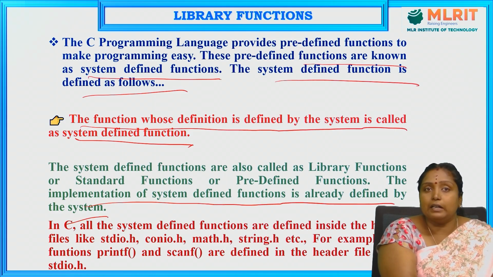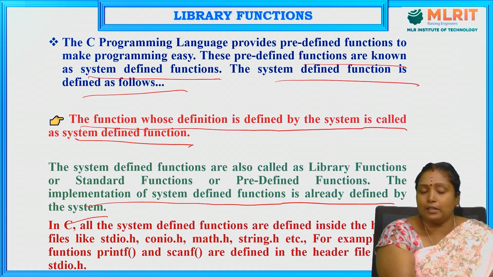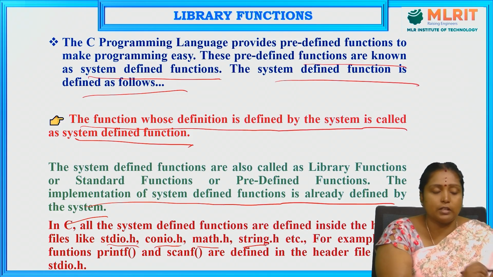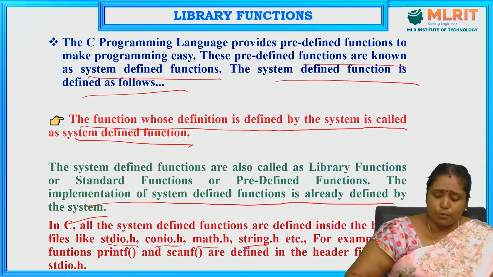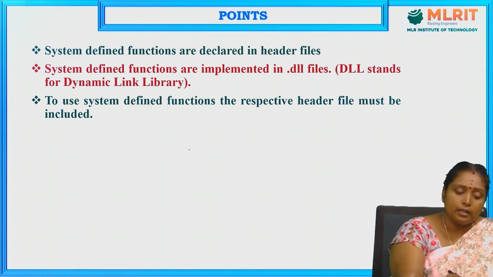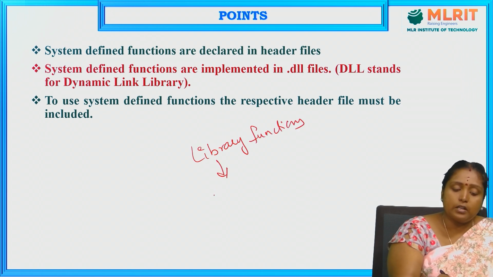So from the starting we are writing small programs using some header files like stdio.h, conio.h, math.h, string.h. So we are using these library functions here. These library functions are already defined in the C library.